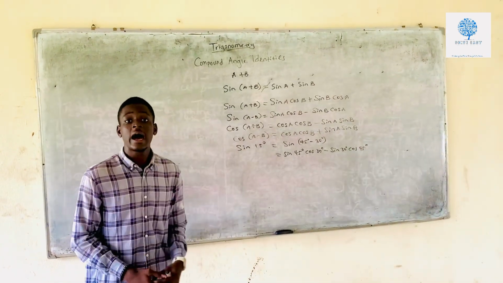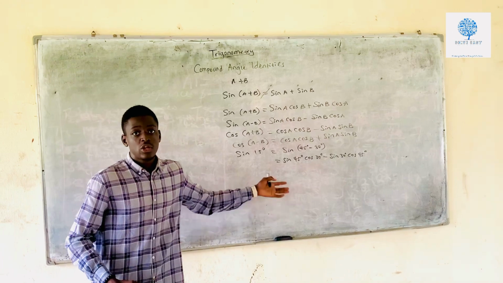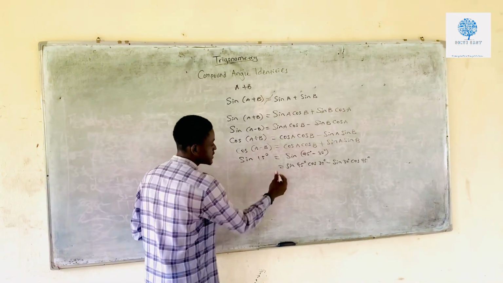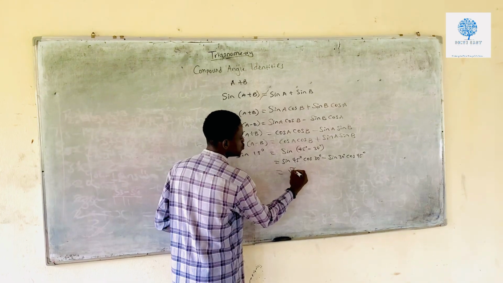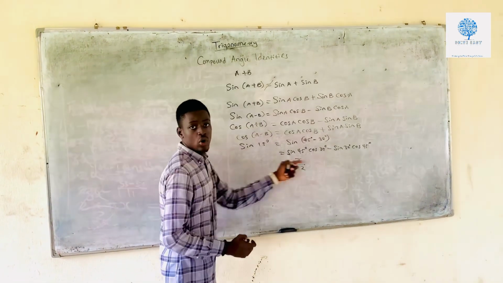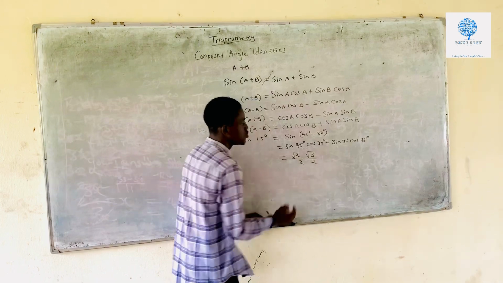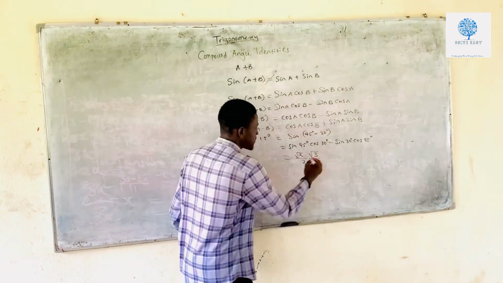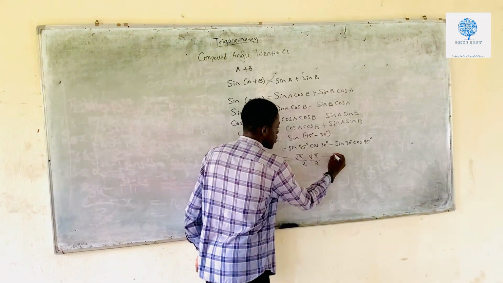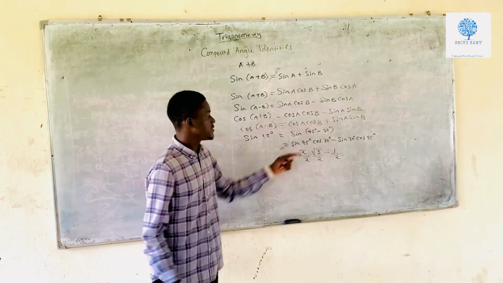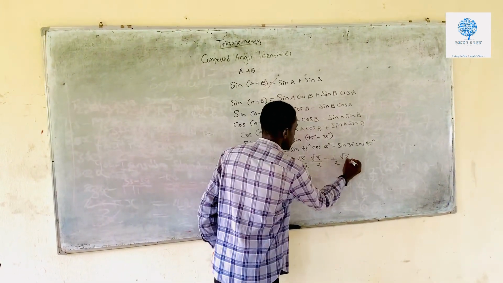Now, since these are acute angles, the proofs have been made already that sine 45 is the same thing as root 2 over 2. Cos 30 is the same thing as root 3 over 2. Sine 30 is the same thing as 1 over 2. And cos 45 is the same thing as root 2 over 2.